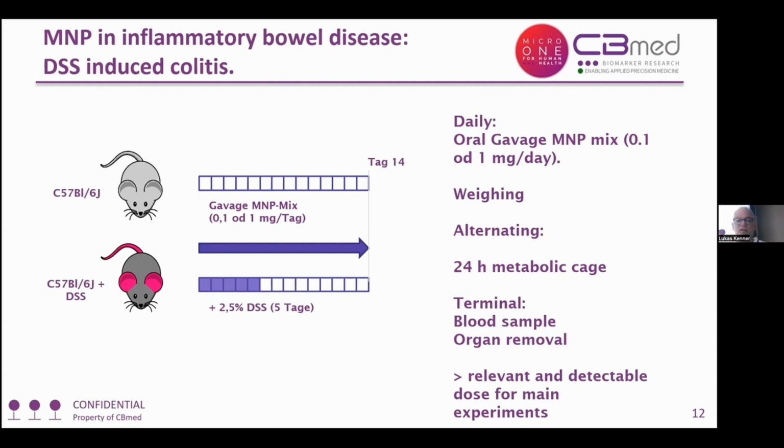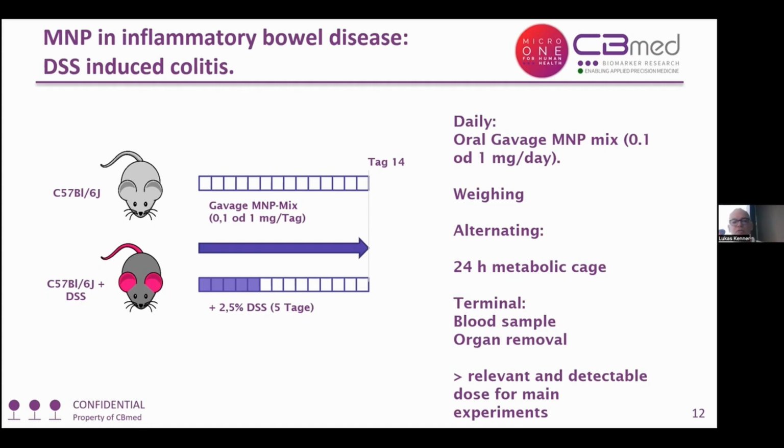After 10 days of feeding these microplastic particles, we started this chronic colitis model. So we give 5 days of DSS, and after 10 days you sacrifice the mice. We fed the mice for 10 days with microplastic particles, but only 5 days with DSS. This is a standard model for chronic colitis, and you get a full-blown disease after that.